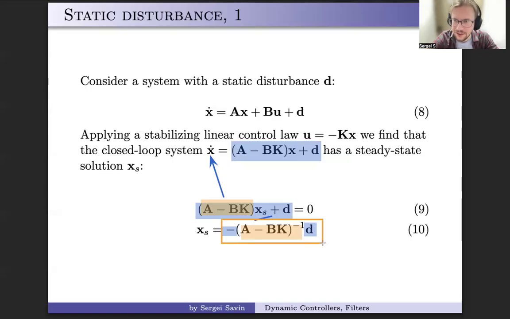Obviously, the error would depend somehow on the eigenvalues of the closed loop matrix, you can imagine, or singular values or whatever. So if you have very large real eigenvalues, you can expect that your final error would be hopefully quite small, right?